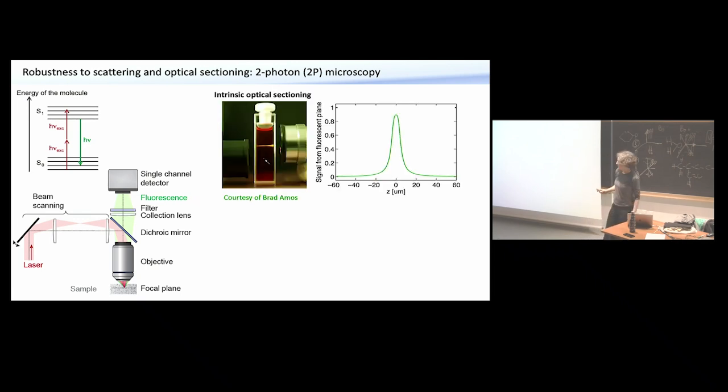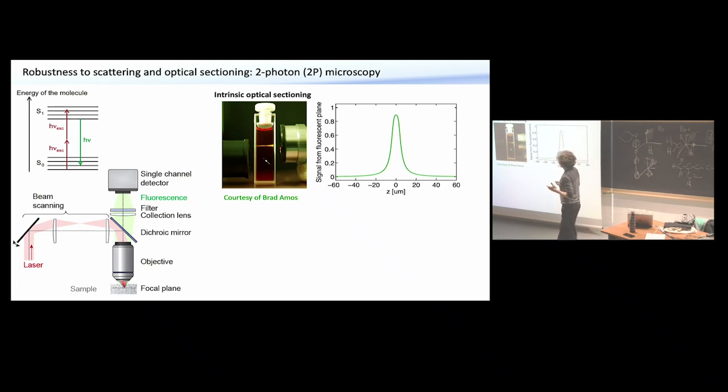What is very nice about this technique is, first, it has intrinsic optical sectioning. And why is that? Because you want to have this nonlinear effect. To get this nonlinear effect, you need to focalize the light and have a lot of intensity. This two-photon fluorescence only comes if you have a very, very high intensity. It's a nonlinear effect, so you need high intensity.